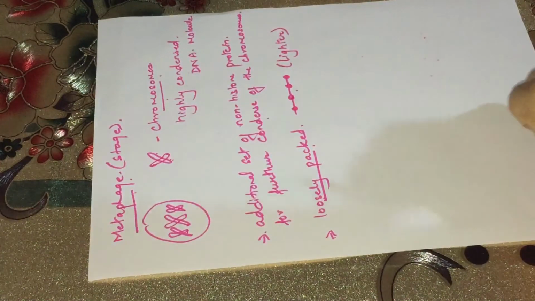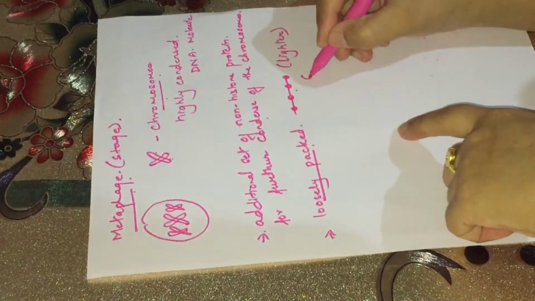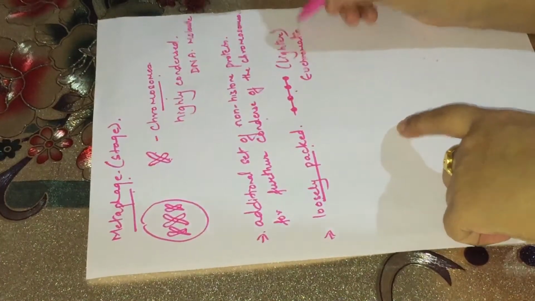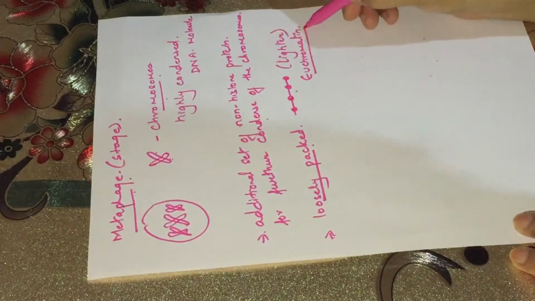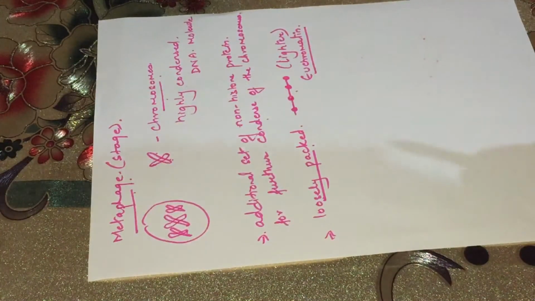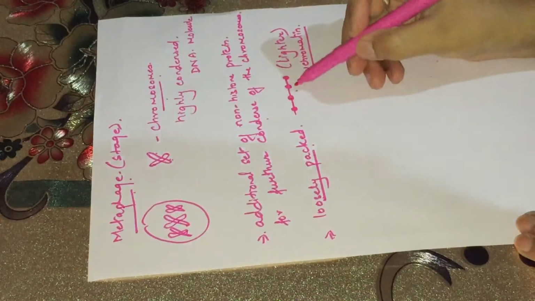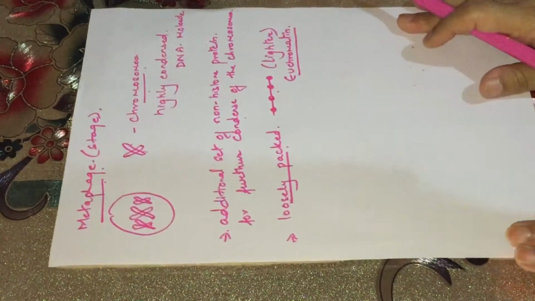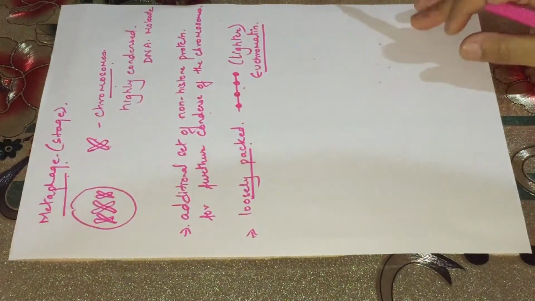That region of the chromatin is called euchromatin, where stain is not absorbed much because it is loosely packed.